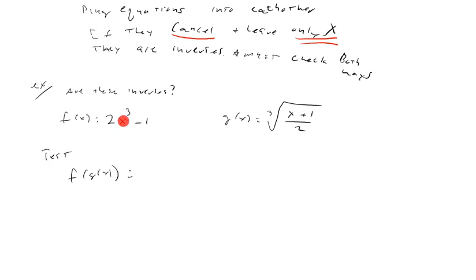This whole thing goes inside the little x in my f. So I'm going to write 2, big parenthesis, cubed, minus 1. And in the parenthesis, I'm going to put my g, which is the cube root of x plus 1 over 2.